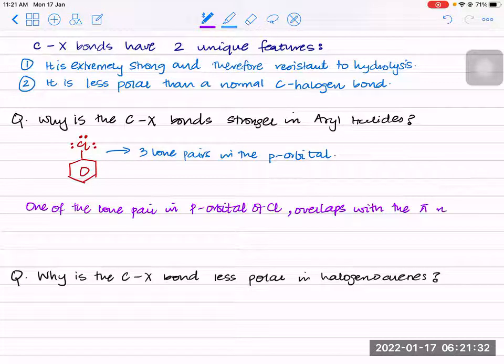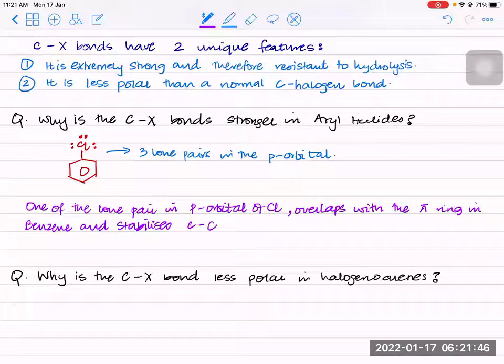So it overlaps with the pi electron system in benzene and stabilizes the CCl bond, making it super strong.